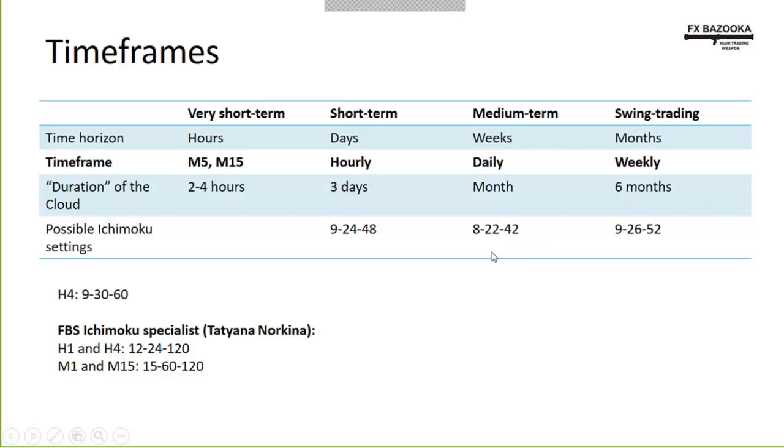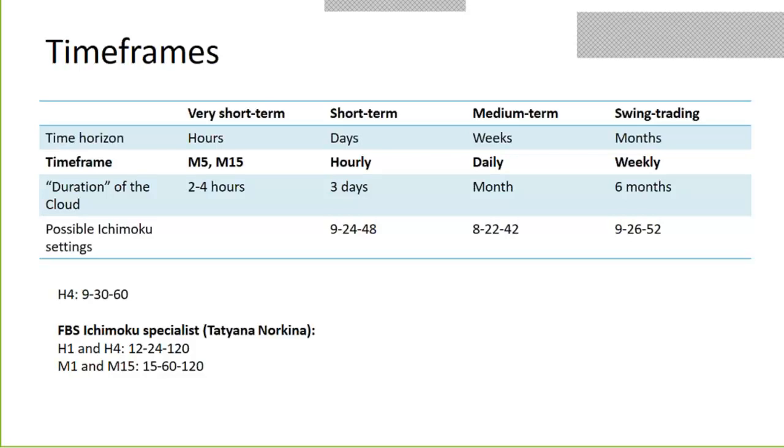And just another general thought, as there are so many elements in the Ichimoku indicator, these elements create a kind of trading system themselves. So, of course, you can use some things to determine your entry and exit levels, but all in all, Ichimoku indicator is a kind of ready trading system itself.